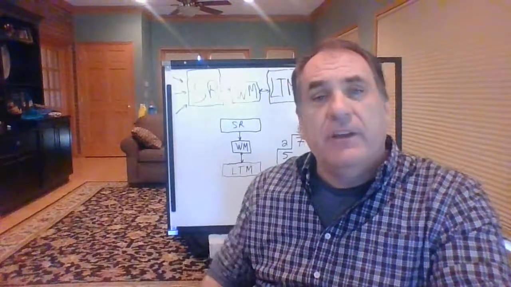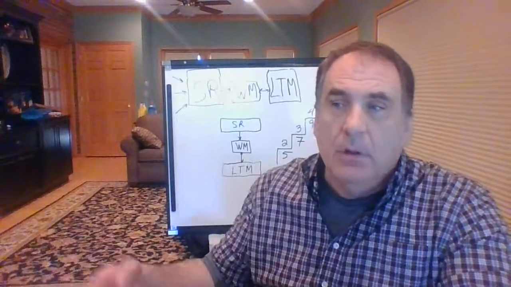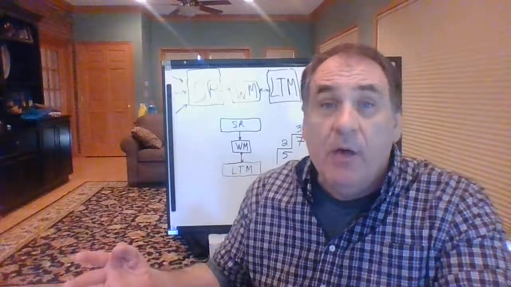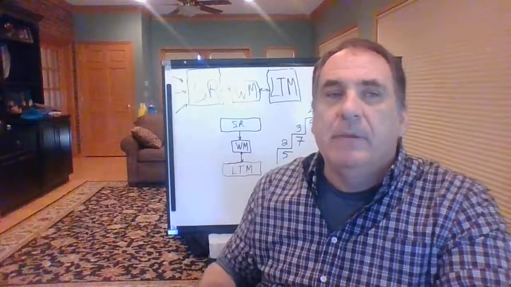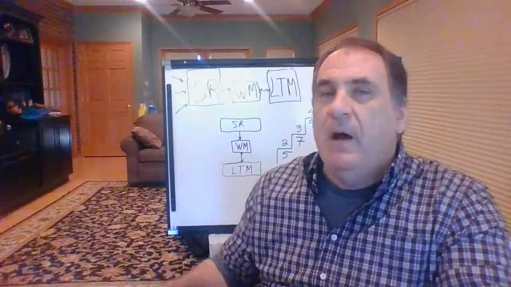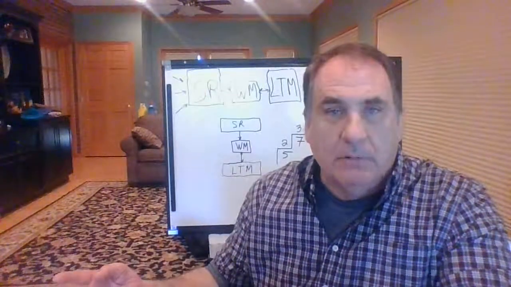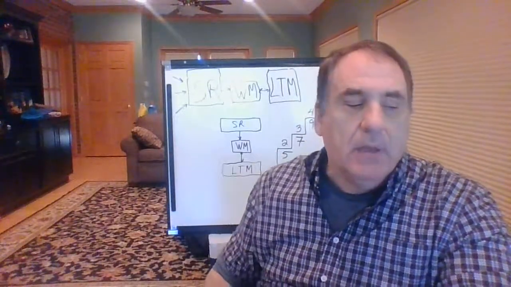So we store information in our long-term memory in different forms: visual, auditory, smell. Think about the smell of fresh cut grass. Think about the smell of somebody making banana bread. Think about nails going down a chalkboard. Oh, okay. We store information in many different ways.